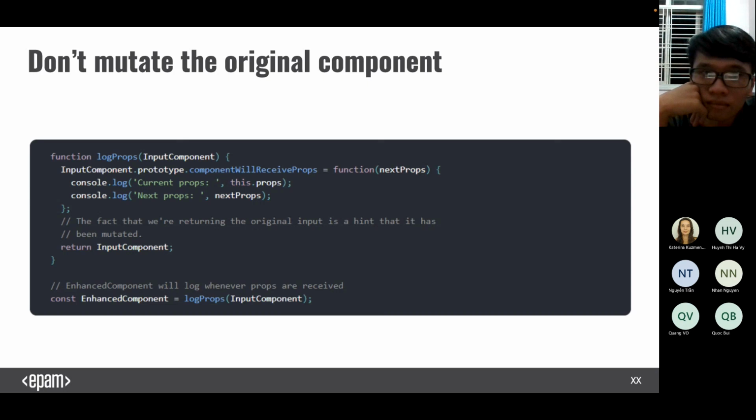The consumer must know how they are implemented in order to avoid conflict with other higher-order components. So the higher-order component has the same functionality as the mutated version while avoiding the potential for clashes.